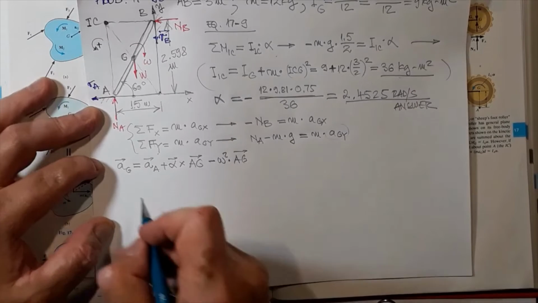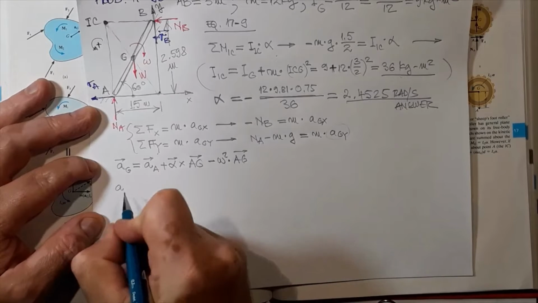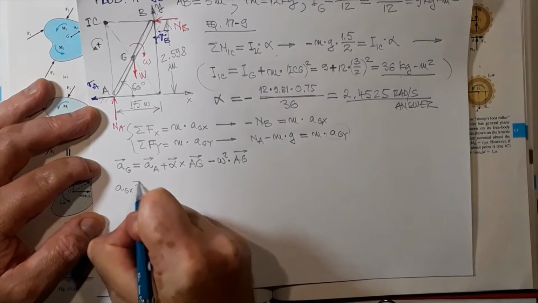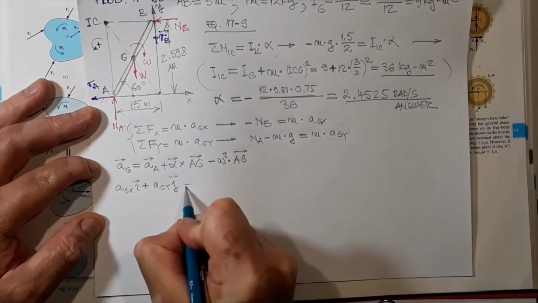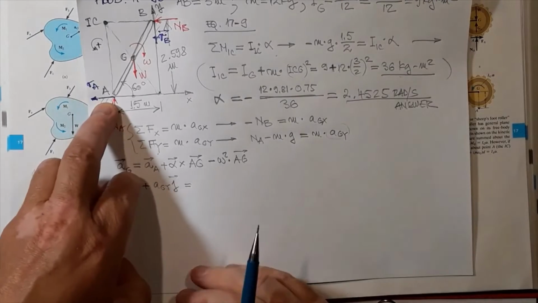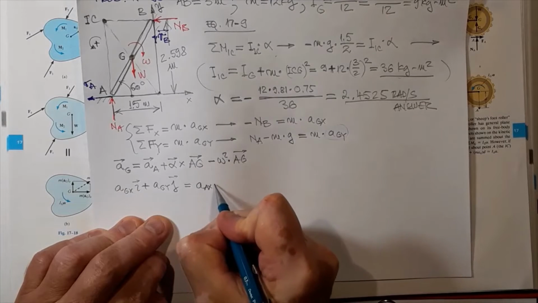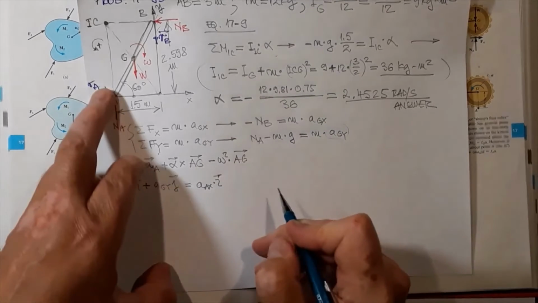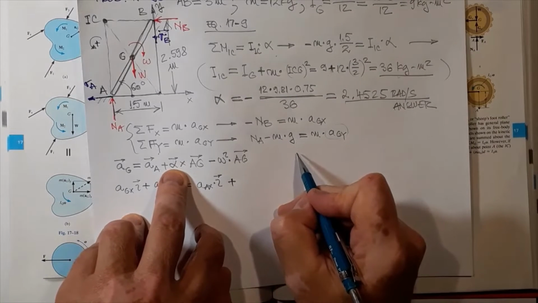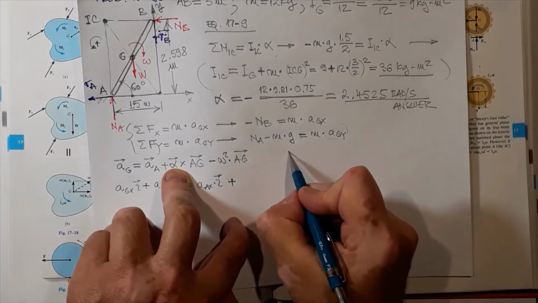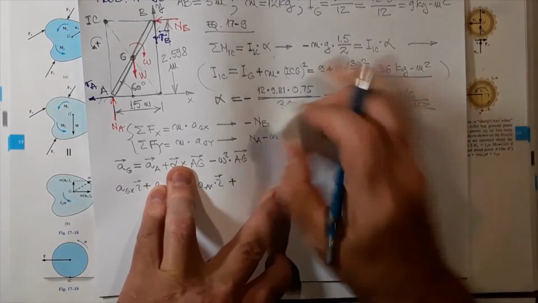So this is the scalar, or the I and J components of it. We'll go acceleration of G in the x direction times I plus acceleration of G in the y direction times J, this is the left-hand side, equals, we're looking at acceleration of A, there's nothing in the y direction, so it'll be just acceleration of A in the x direction times I, 0 in the y direction, and then I move forward, and we have a cross product, alpha, and we have a value for it.